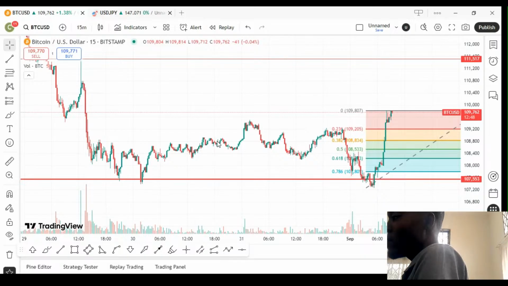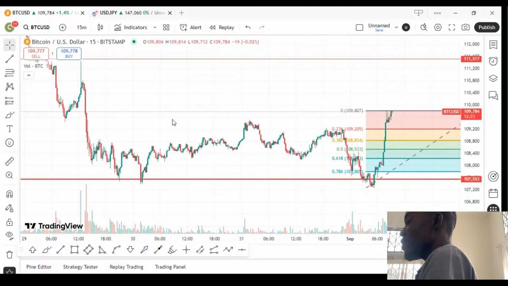If it's not valid, we will ignore. So whilst we are all waiting, if you see any of the confirmatory patterns in any of the currency pairs, either gold or any of them, and you think it's worth trading, please let me know.